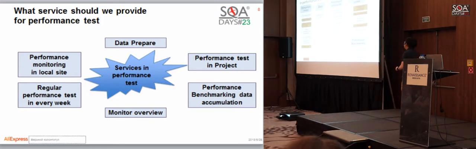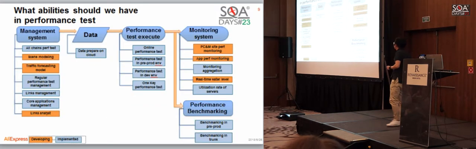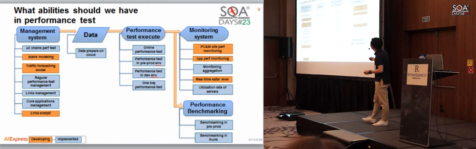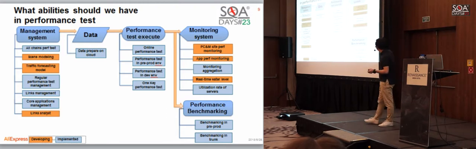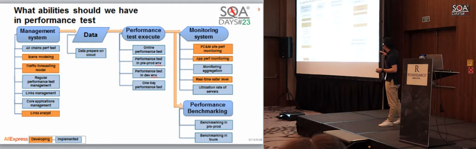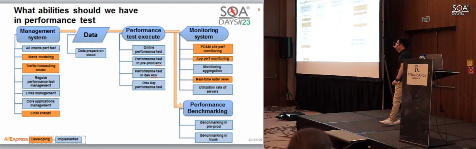These are the abilities we provide for our performance test: management system, data, performance test execution, monitoring system, and performance benchmarking. The orange background means it is under development, and the other background color means it is currently implemented.